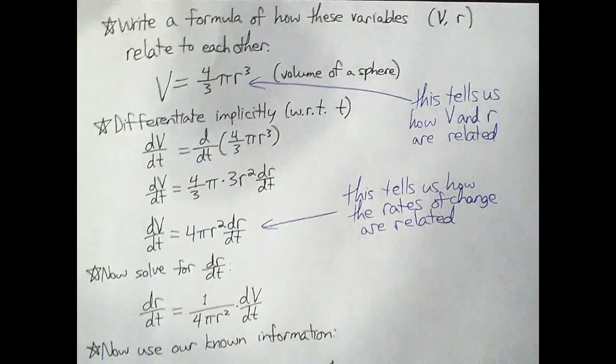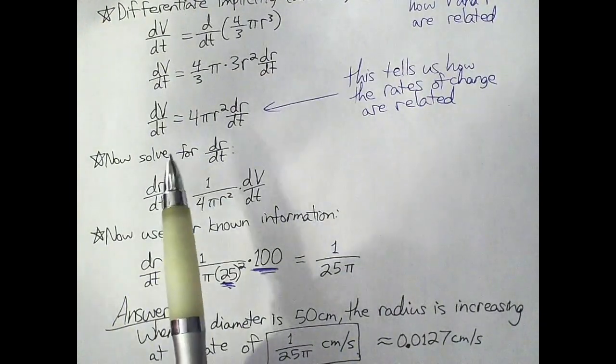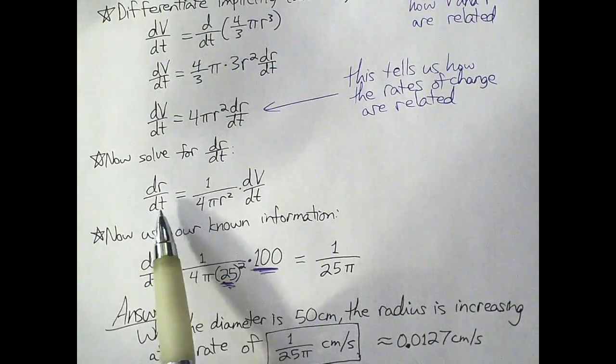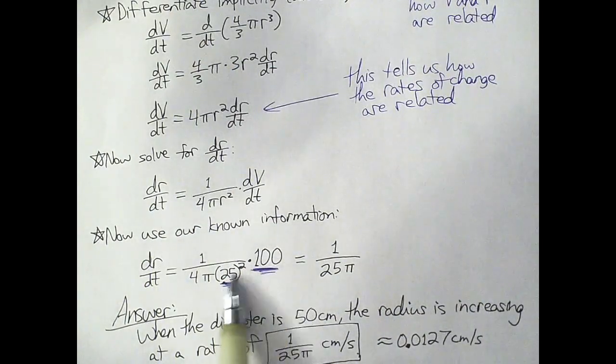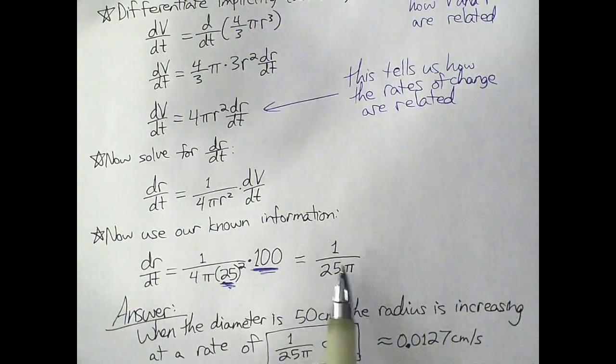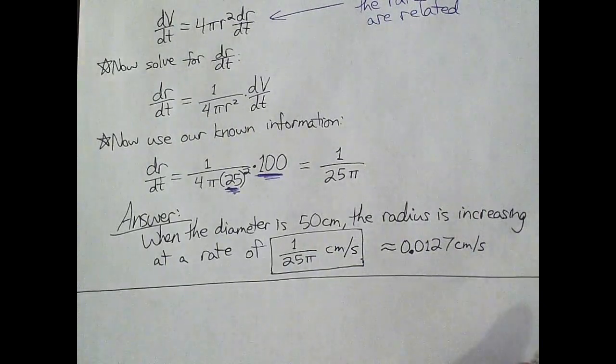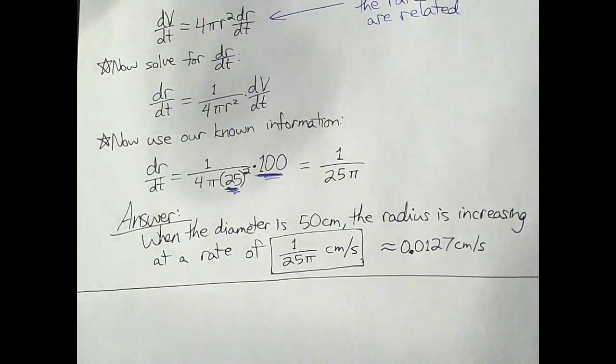Well, by this point in the problem, you've already written down what was known and what was unknown. So you solve for the one that is unknown, and then you plug in the known information at the very end to get this into a number. So it's not that bad. It just looks like a lot of writing. The only calculus part we really did was the implicit differentiation, right?